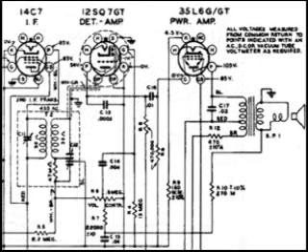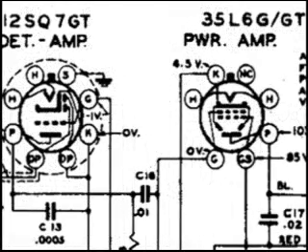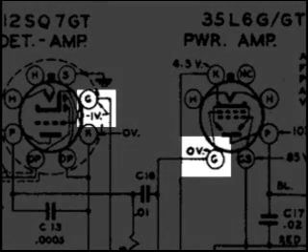Here's another example of a tube amplifier. If we take a closer look at the 35L6 and the 12SQ7, we can see that the 35L6 grid voltage is 0 volts and the 12SQ7 grid voltage is minus 1 volt.